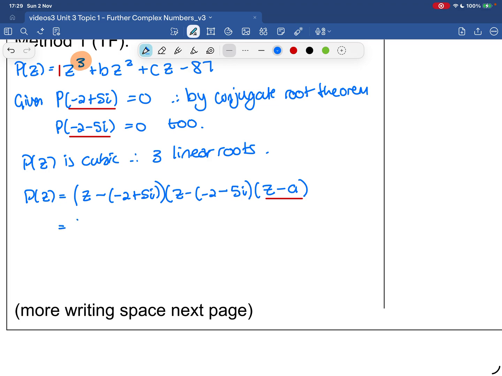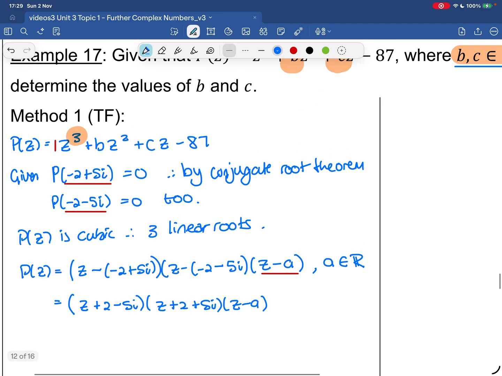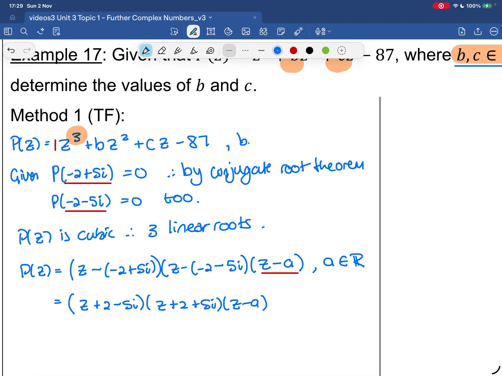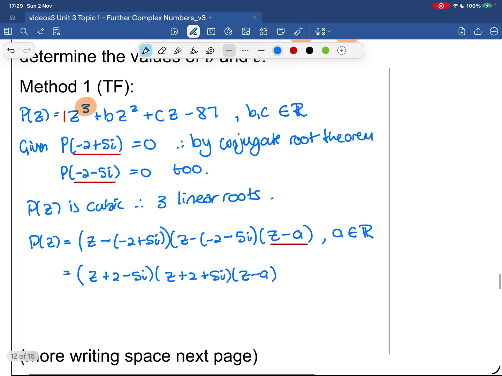Let's just tidy this up a little bit. So I have z plus 2 minus 5i, z plus 2 plus 5i, and z minus a. When I'm introducing a variable, I want to say that a is a real number, and up here we wanted to state that b and c were also real numbers.